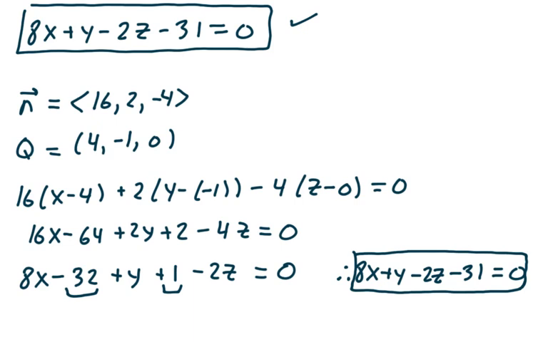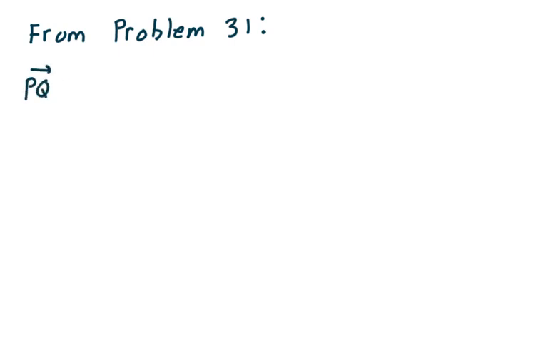Now, if we had a question on getting the normal vector, right? Let's go through that. Remember in problem 31. So let's go back to problem 31. And let's remind ourselves, PQ is the vector 1, negative 1, 0.